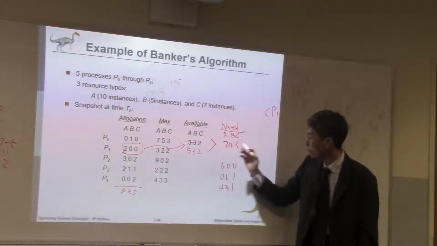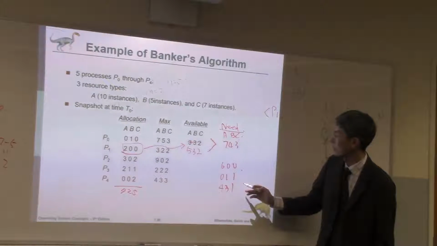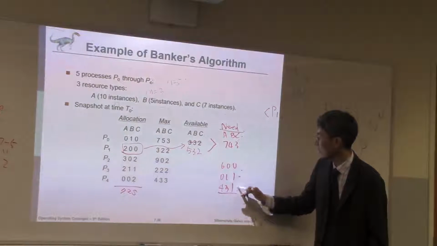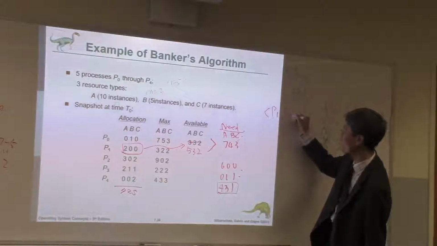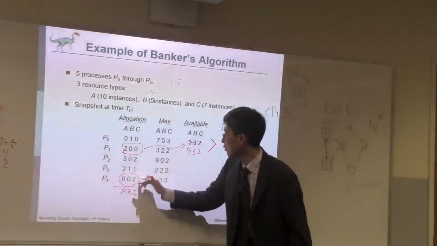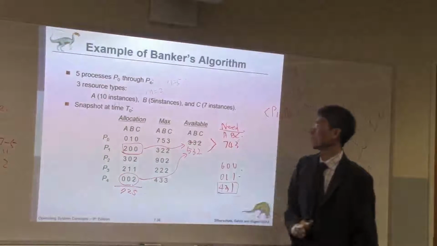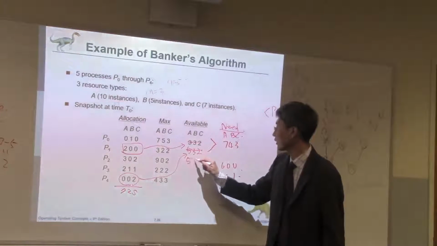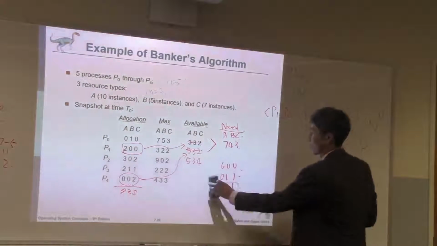Then find which process will satisfy this. In this case, this one or this one. So let's select this one. So P4, 4, 3, 1, is less than this one. So this resource will be returned, right? So it will be 5, 3, 4 currently available.